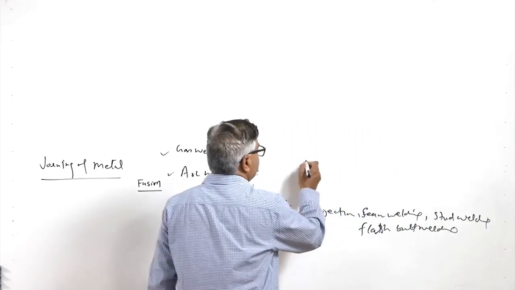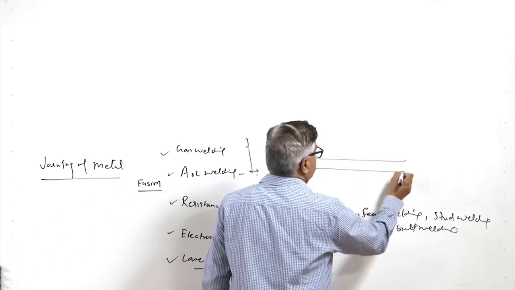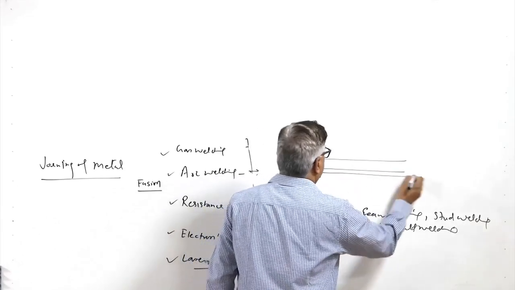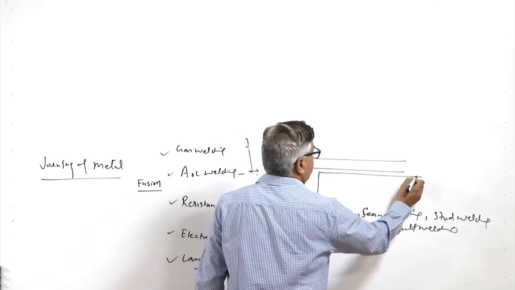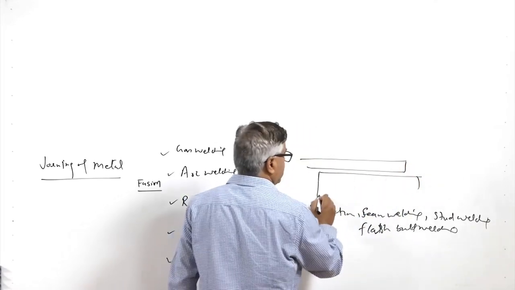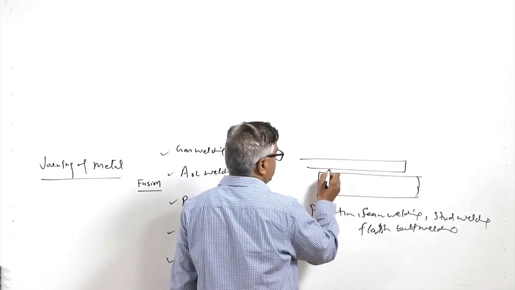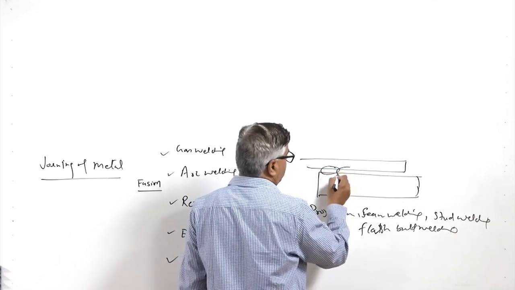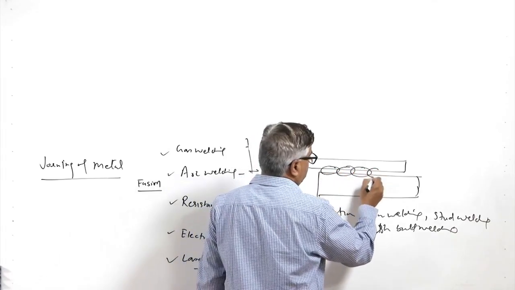In the case of seam welding, these are the plates to be welded together. Continuous welds, continuous spots are made, like this is one plate and this is another plate, and in that case the spots are made overlapping each other.